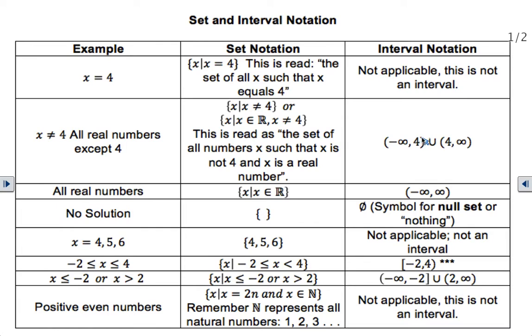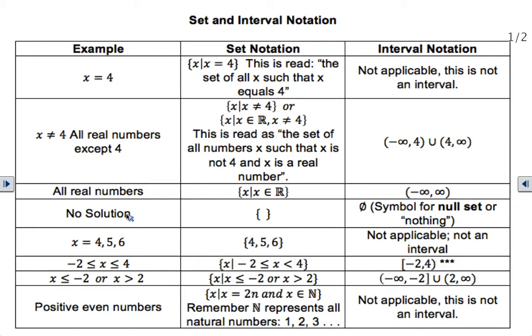And then to 4, and then close parentheses, and or open parentheses 4 to positive infinity, close parentheses. So a lot of times with interval notation, you'll have 2 parts or maybe even 3 parts to your domain or range. All real numbers is negative infinity to positive infinity.